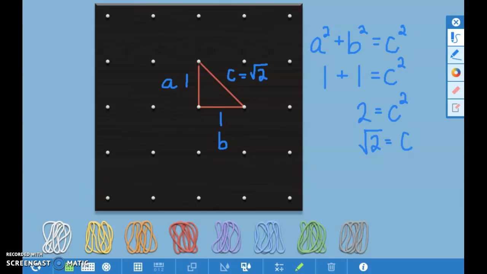Why is it important for us to pay attention to those slanted or diagonal lines on the geoboard? Well, let's see what this might look like if your child was asked to create another shape.